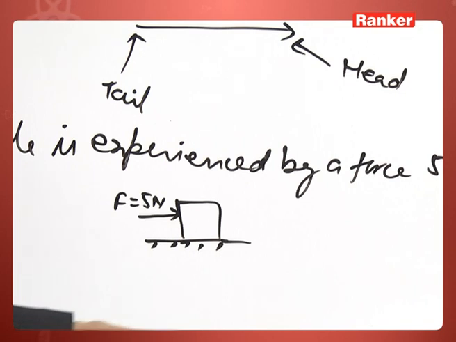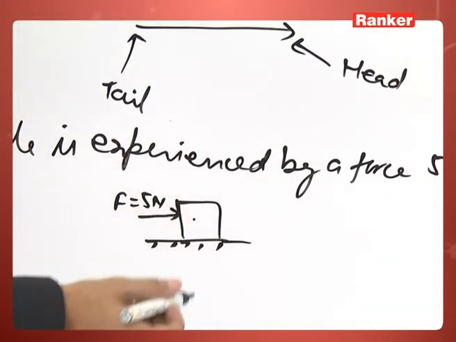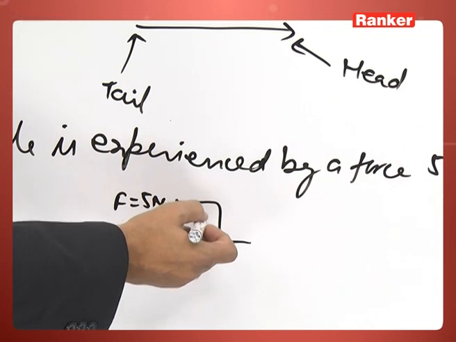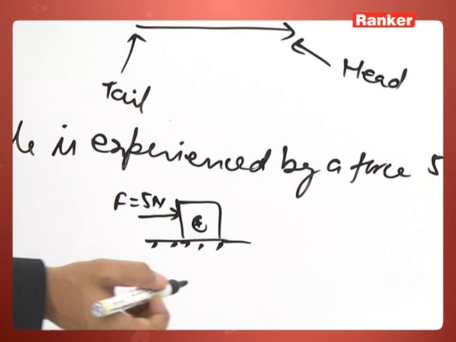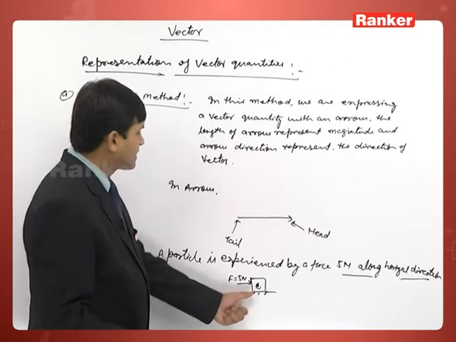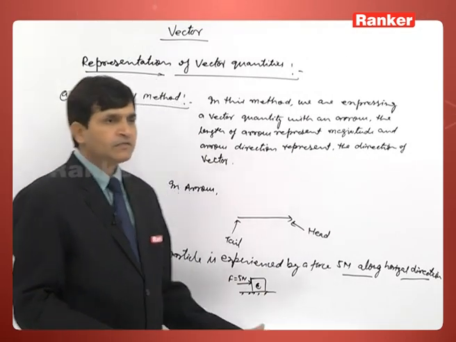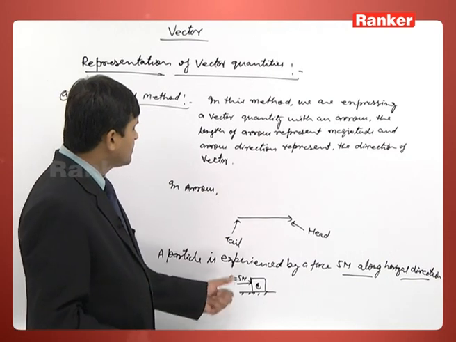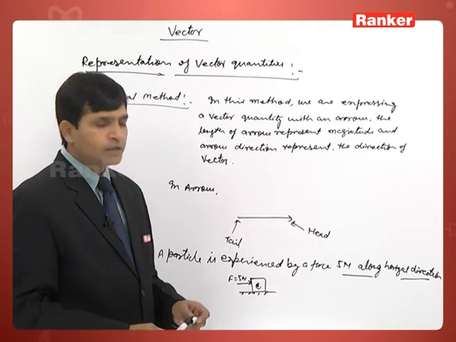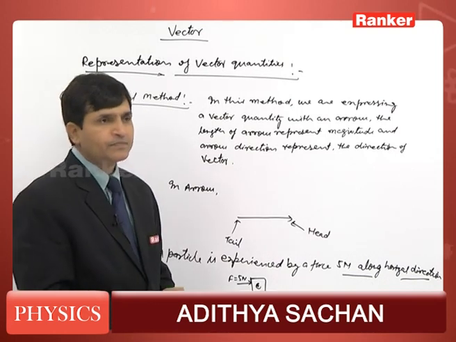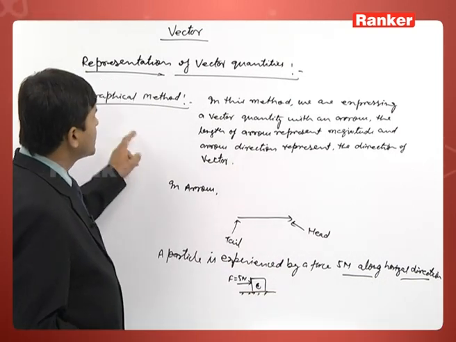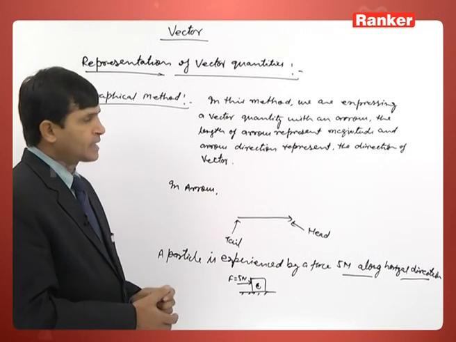And if the force acts in that direction, which is also horizontal, we make a cross sign, which indicates the direction of force inward, and write 5 Newton. Sometimes it is defined in this manner, depending on the question. This is the graphical method of representing a vector.